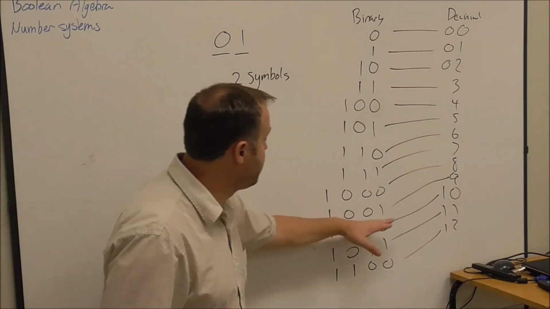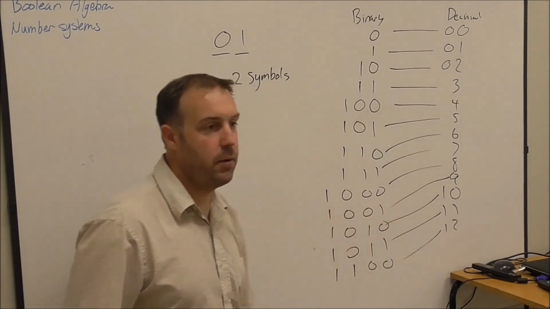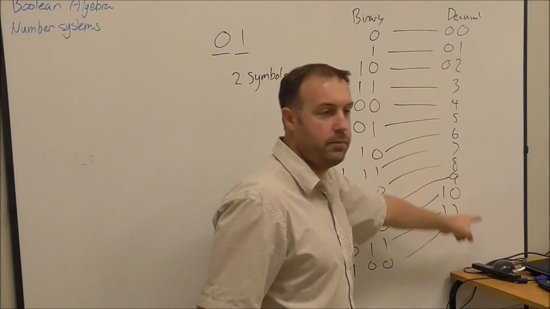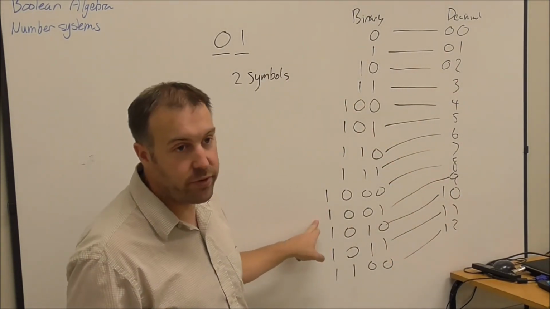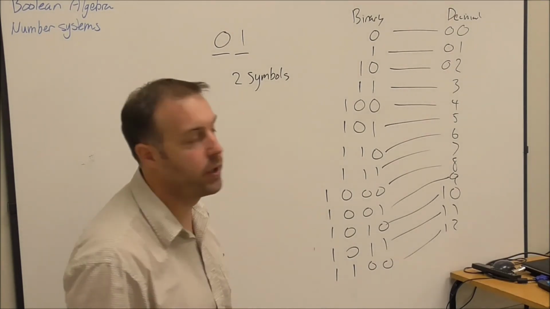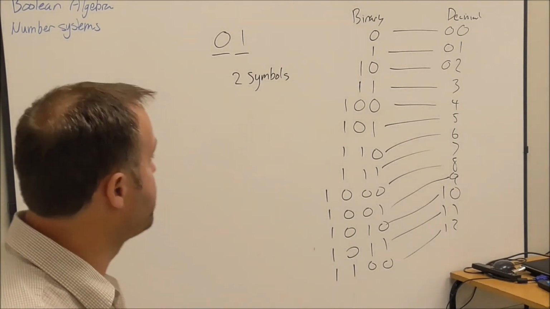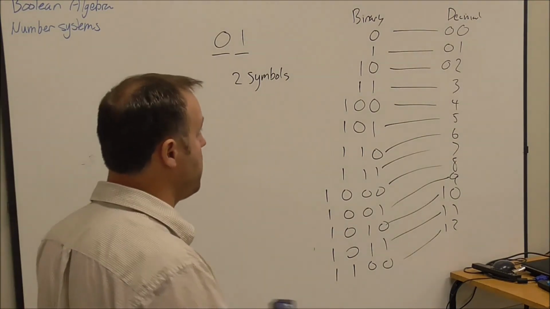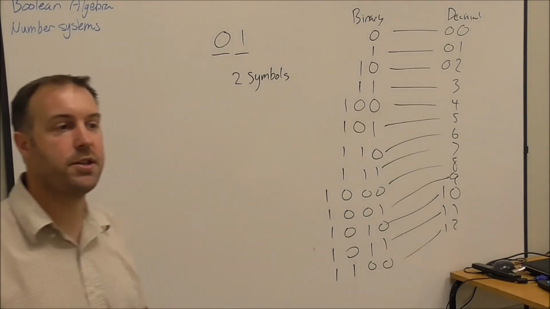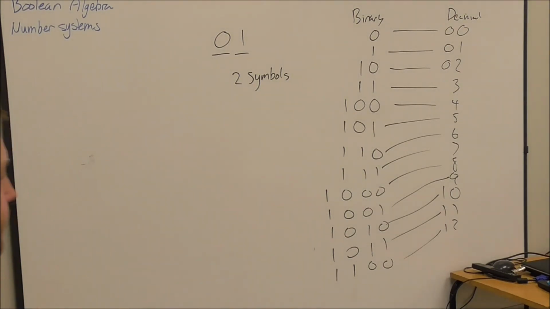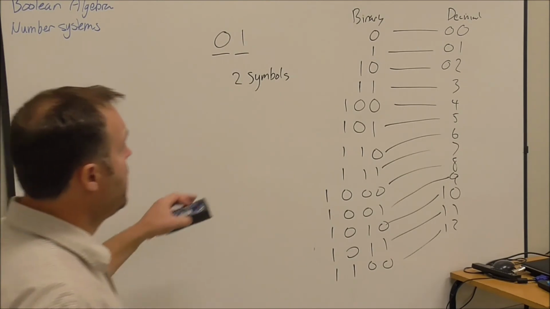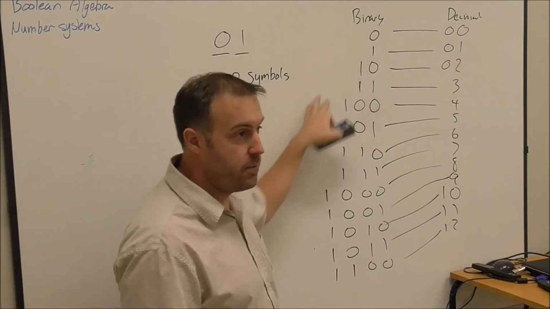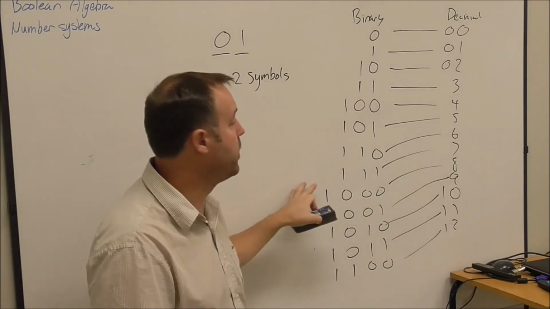And once I get up to 9, you can see that while I'm using only 1 symbol for 9, I need 4 symbols for 9 in binary. Okay? Because I've got fewer states, it means I need more digits in my number to represent the same amount of things. Okay? So that's how you count in binary, and this is the reason why binary works.